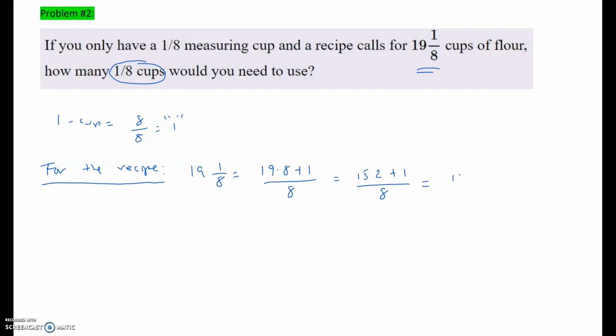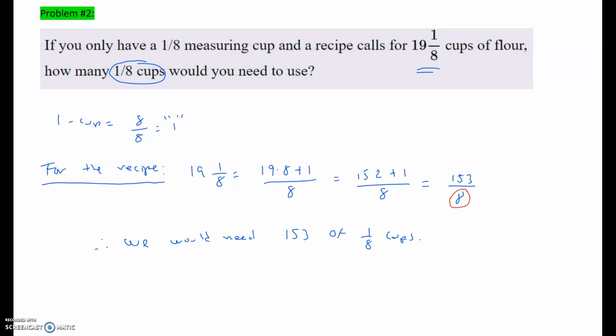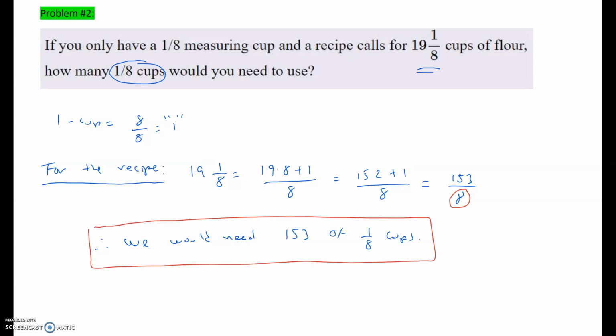I'm looking at 153 over 8. And in this case, we would need 153. The proper unit is 1/8 cups, which technically represents your denominator. Okay, that's actually it for this one.